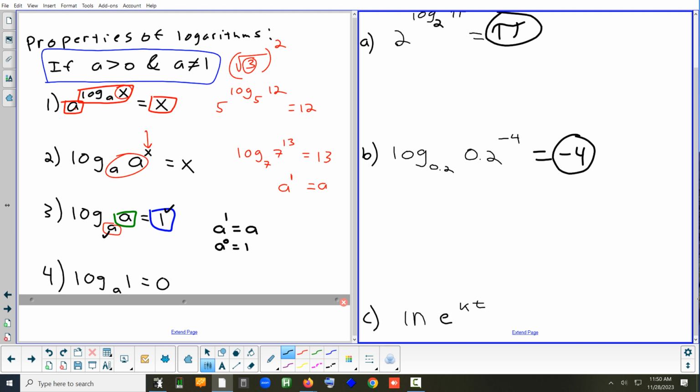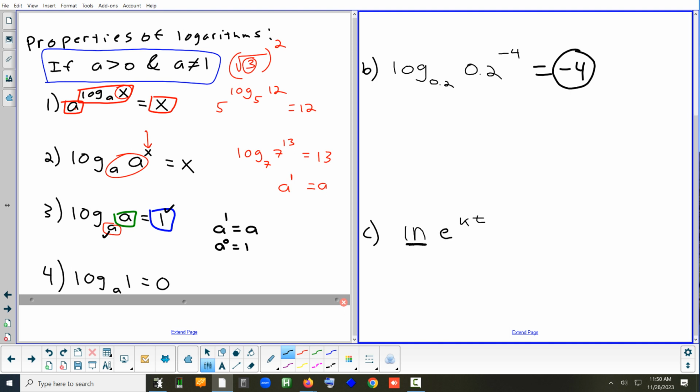Now, C is a little tricky. My suggestion would be think about ln. What does ln mean? Log E. Log base E. So this part right here can turn into that. And then copy down the rest. Now that makes it a little clearer which property it is.